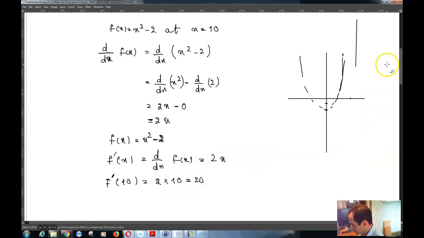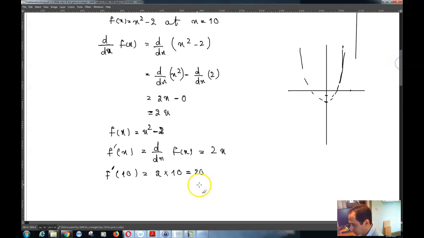And what that means is that 20 is the slope of the line that touches the graph of the function at x is equal to 10.